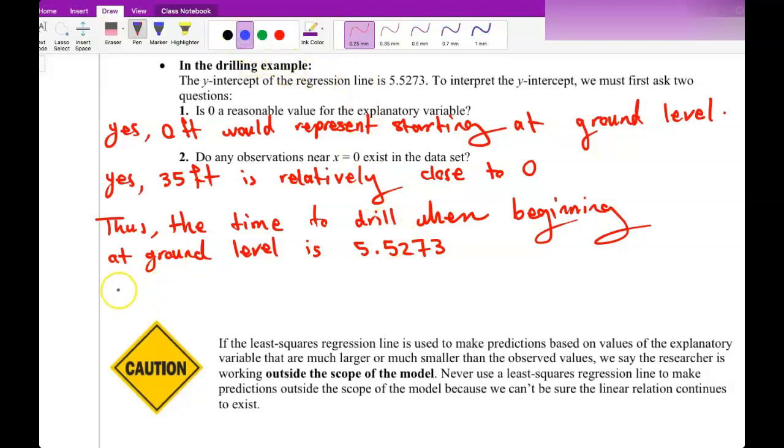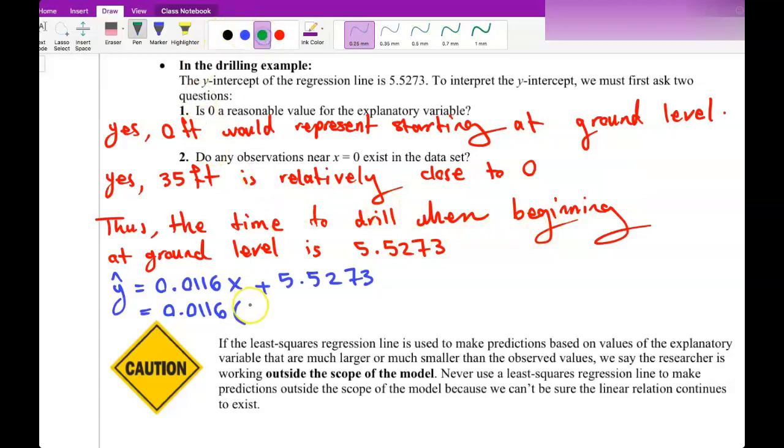How did we get that? y hat was equal to 0.0116 multiplied by x, so this is the slope, plus here is the y-intercept. That is equal to, so the starting point here is ground level.